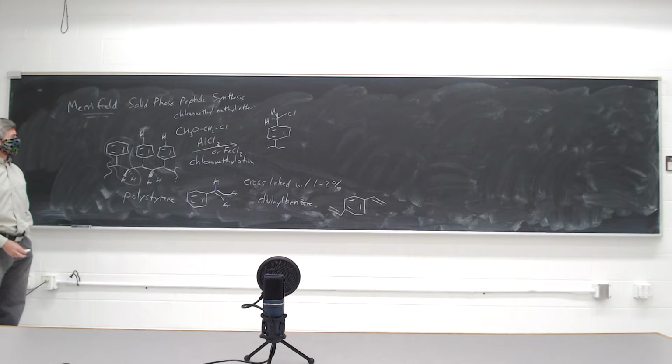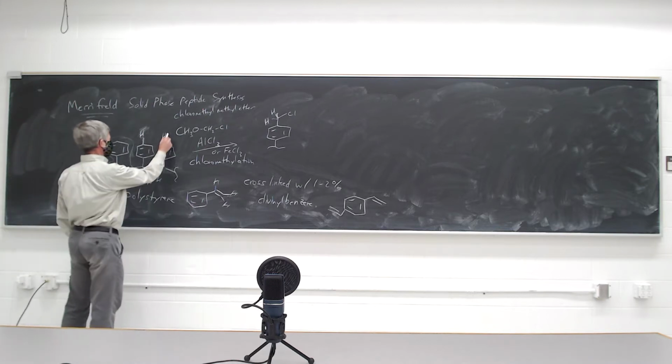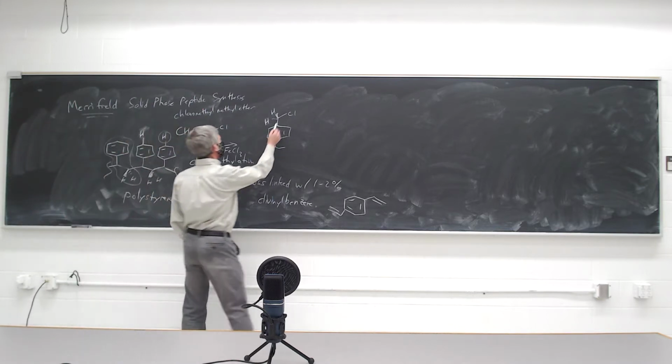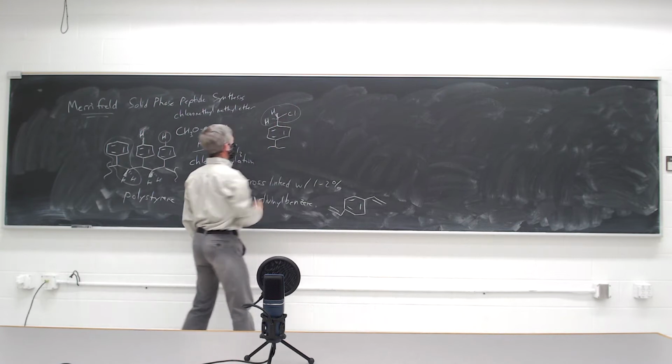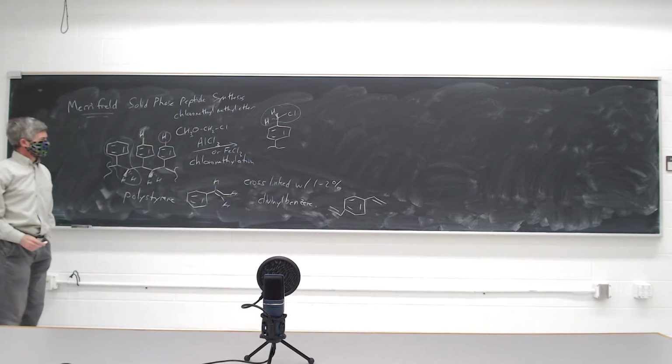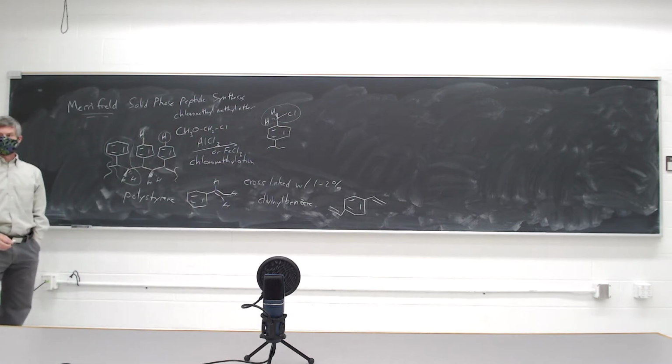We're substituting on a benzene ring, and we're taking off a hydrogen, replacing it with a chloromethyl group. So what class of reactions does that look like it probably fits into? Substitution on a benzene ring that didn't have a leaving group attached.